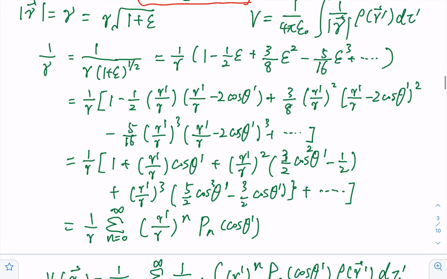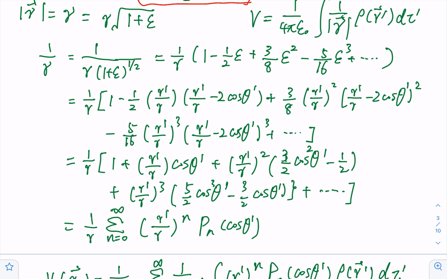This can be extended to infinity, and if you sum them from 0 to infinity, this expression is exact. As long as you don't impose a cutoff here, here and here, this is an identity.